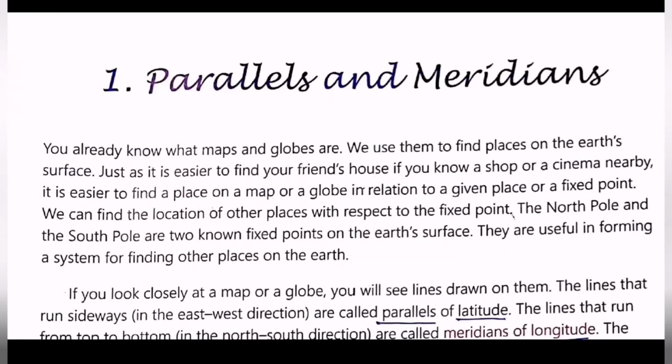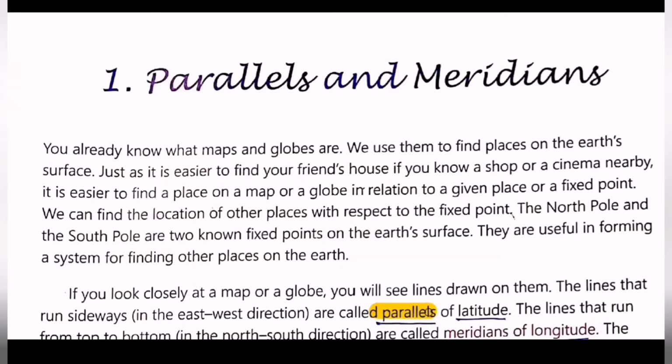So if you look closely at a map or a globe, you will see lines drawn on them. If you are very close to the map or globe, you will see very thin lines that are drawn sideways, that is from the east to west directions, and they are called parallels of latitude.